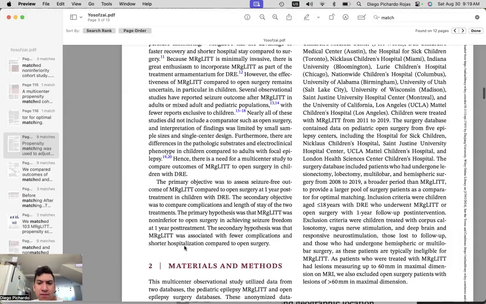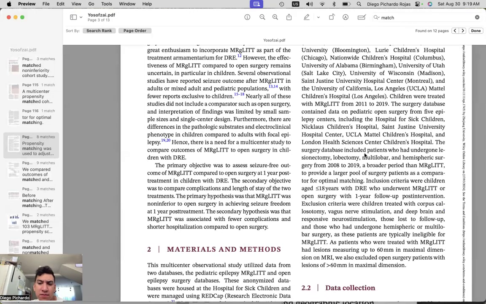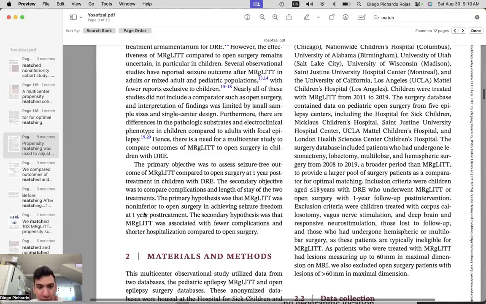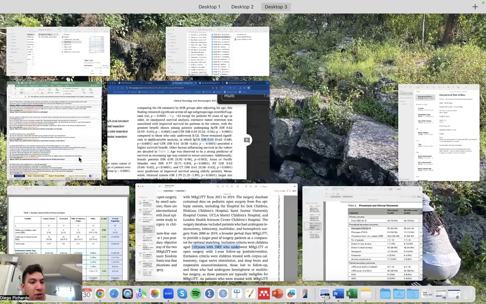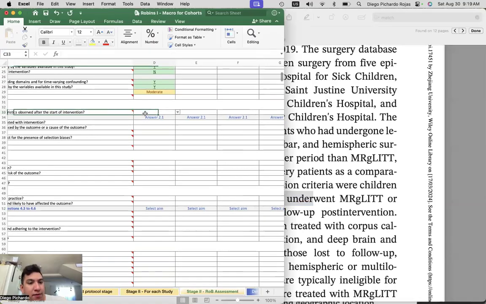Participants: inclusion criteria were children less than 18 years old with DRE who underwent one or the other. That's it. It was pretty general. They didn't say, oh, we're only gonna include patients that had some concerning variable, you know? So this was pretty good. So we're gonna put a low risk.